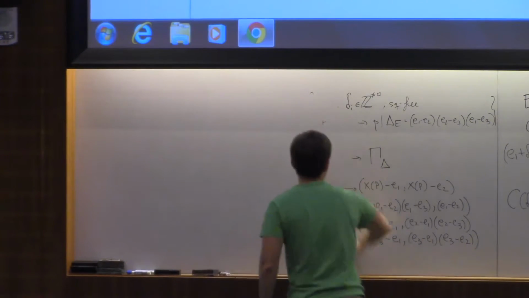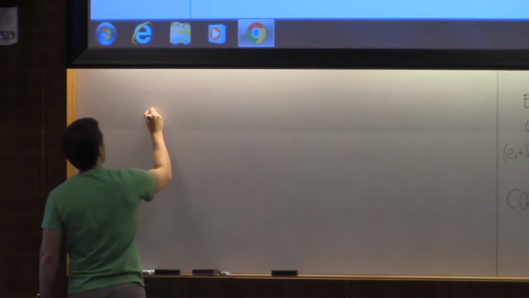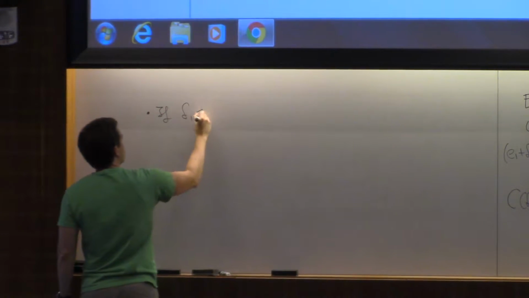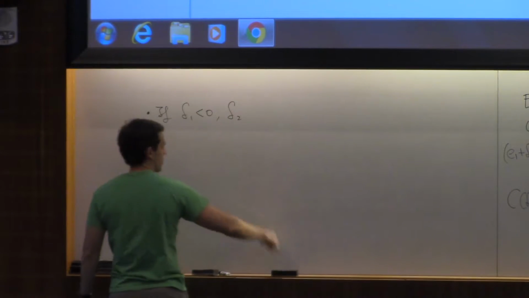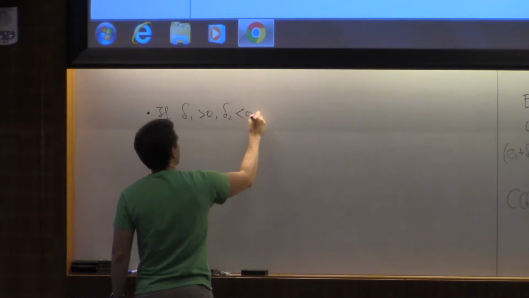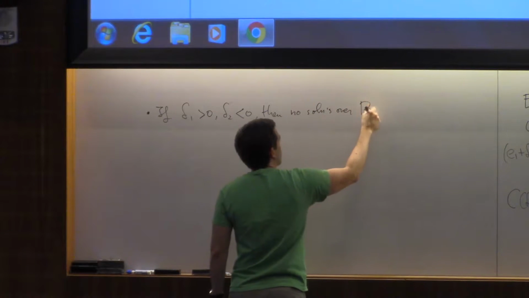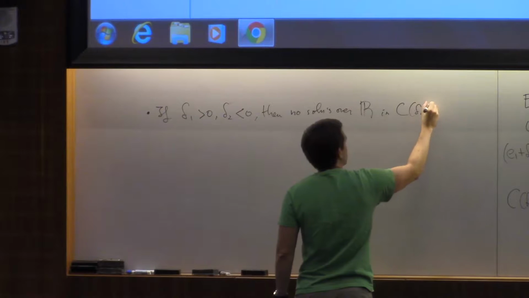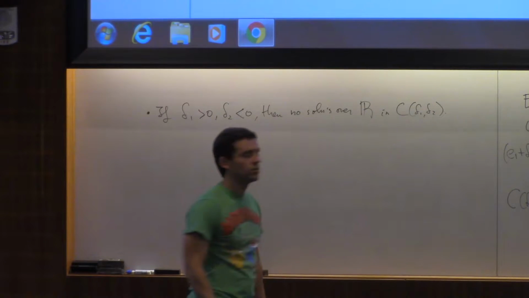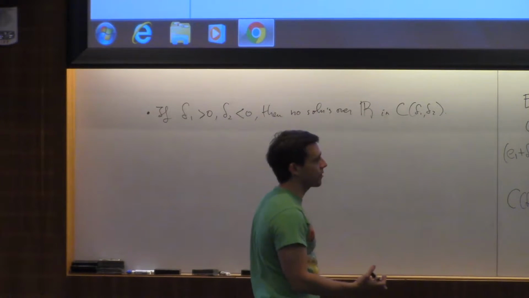So I'm going to write here that remark: if delta 1 is positive and delta 2 is negative, then no solutions over R in my homogeneous space. Okay? So those are gone. Are there other ones that I can rule out like that?